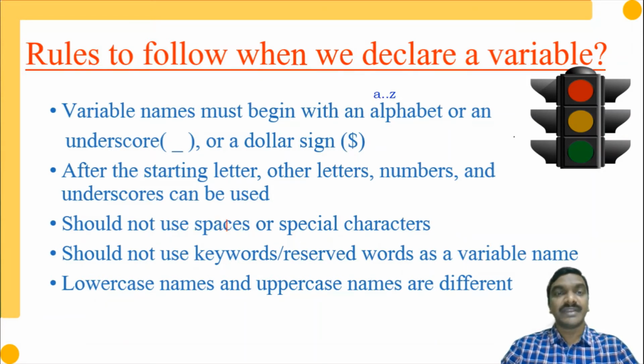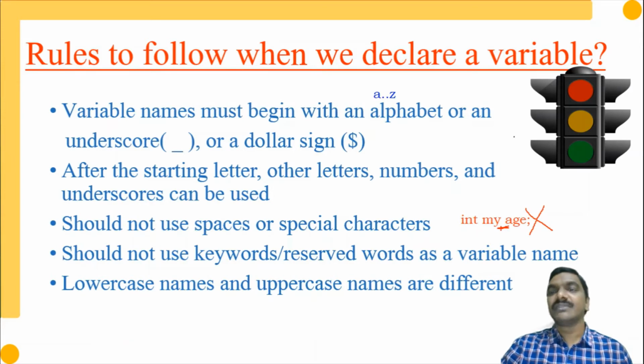We should not give any spaces. For example, the common mistake is, if I write like this: int my age. So this declaration is actually wrong. Why is it wrong? Because there is a space here.